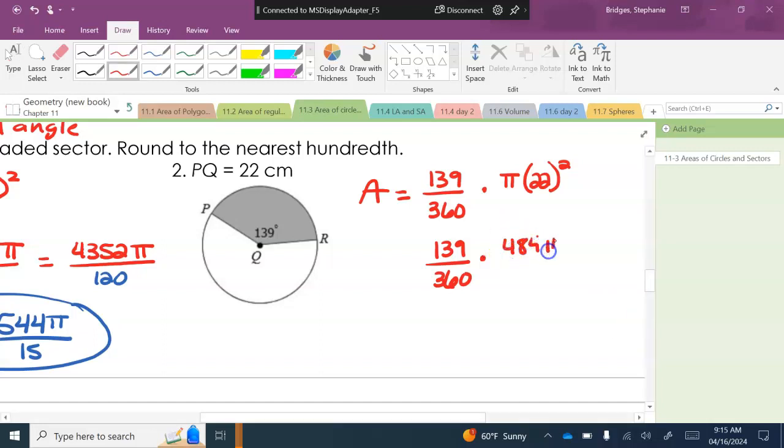And don't forget, again, we're going to put that over 1. Then we're going to go straight across. Do 139 times 484. We get a large number.